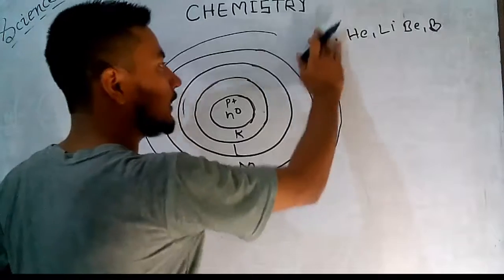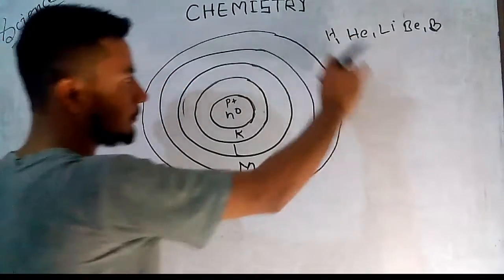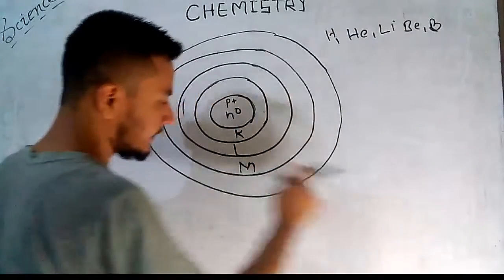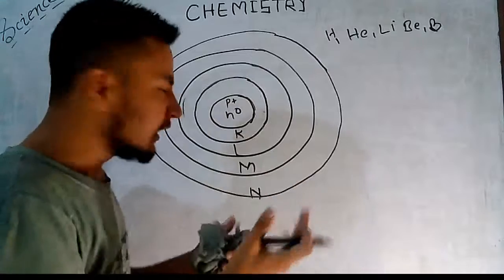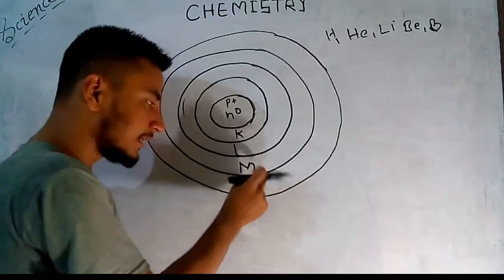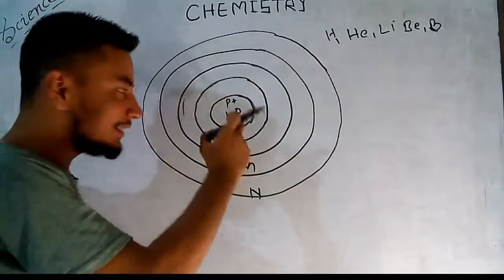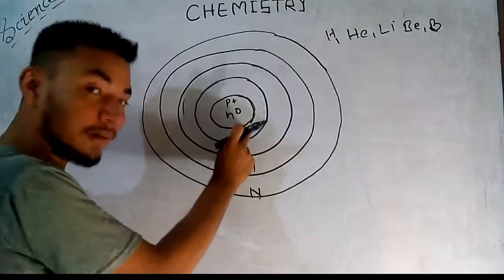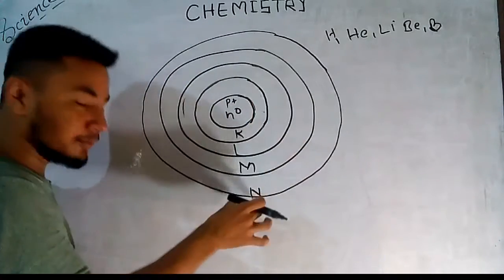There are lots of shells, but here I am drawing only four, for your exam and syllabus, that is K, L, M, N, also O, P. So the first shell is the K shell, then L, M and N. This is the nucleus, and around it the first circular shell is K, then L, M, N. This is the ranking of shells.